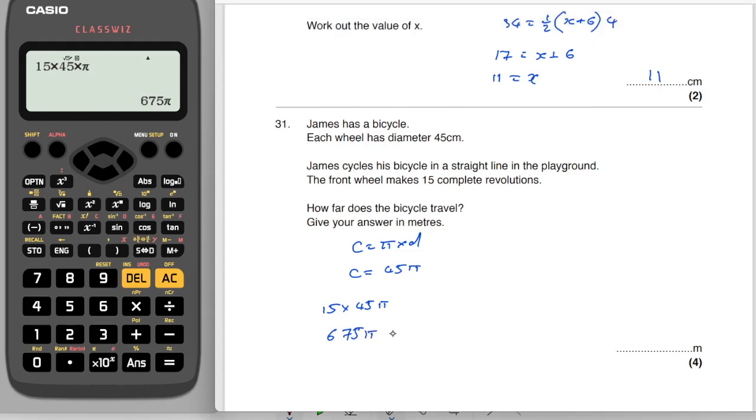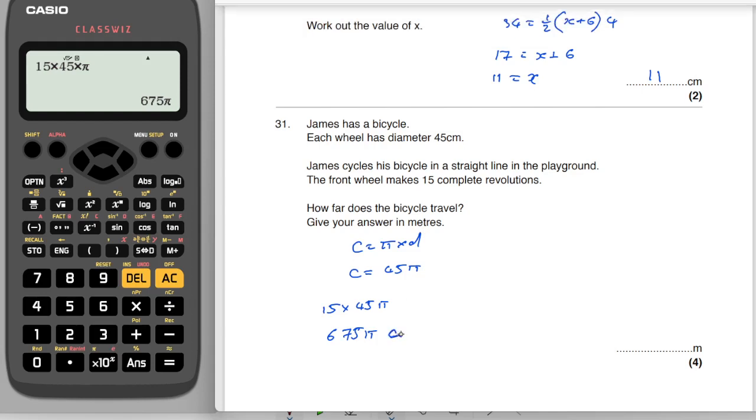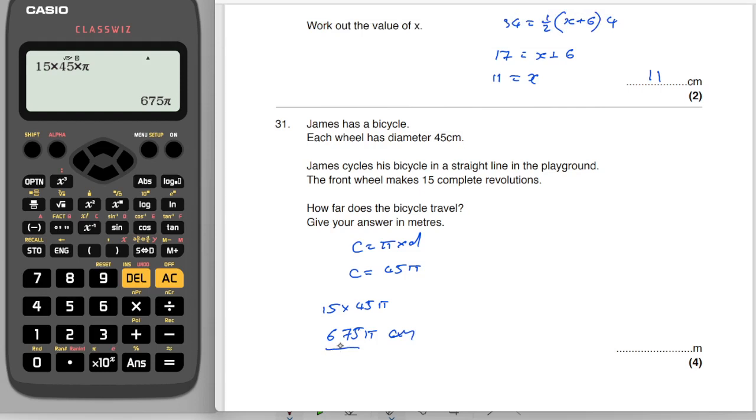But that is not going to be in meters. That is going to be in centimeters. So if we want to convert that into meters, we need to divide by 100.